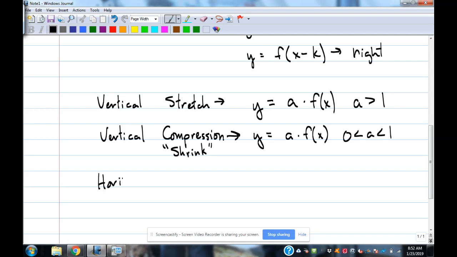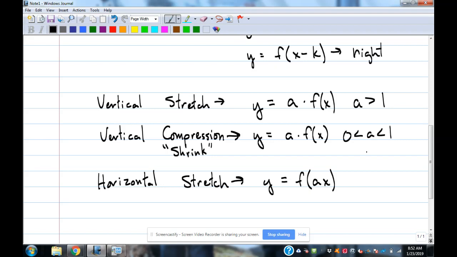Let's do a horizontal stretch next. Again, things that are horizontal happen where on the parent function? Outside or inside? Inside. So we're going to multiply the inside by something. To be a horizontal stretch, you're going to pull that silly putty out this way, right?